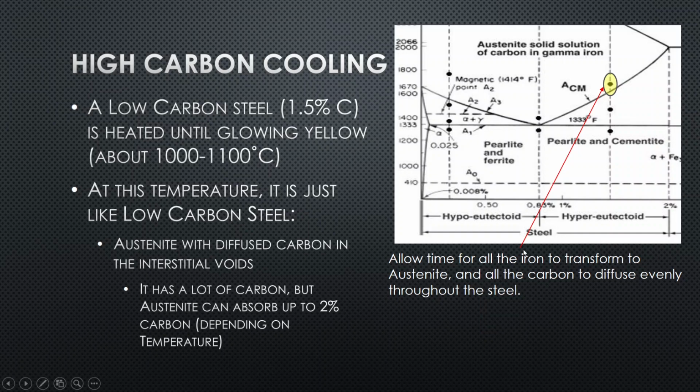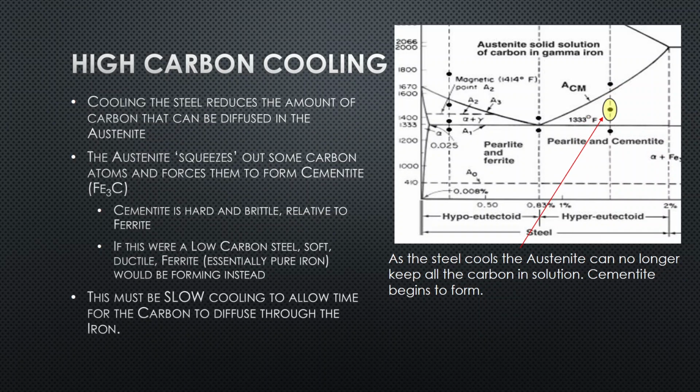All right, now with high carbon steels, similar things happen. You heat it up and you start out way up here where it's hot and everything is 100% austenite with carbon evenly diffused throughout it. And then you start to cool down here a little bit. Now the carbon's sitting there saying, well, I don't feel so good about being in some of these interstitial voids.